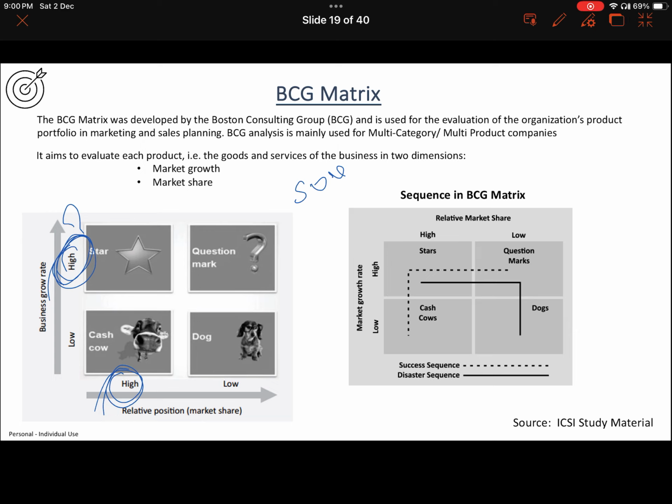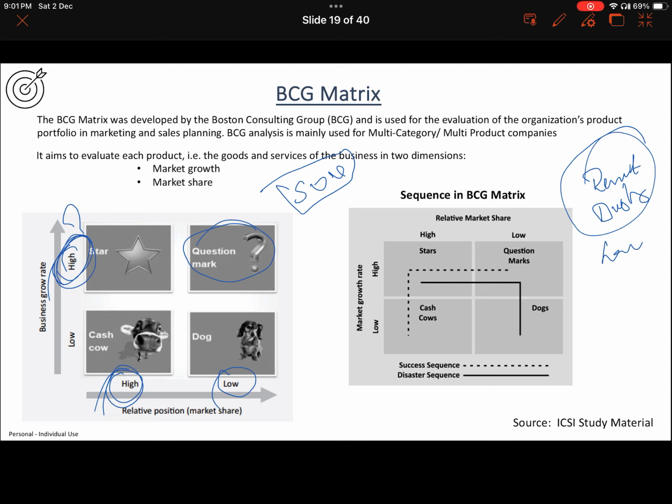And then comes the important one, question mark. The market is growing, but our share is very low. For example, the SUV segment is growing, but the mini SUV introduced by Renault, the Duster, has a very low market share now because they stopped the Duster.